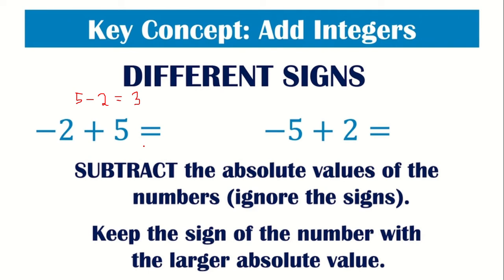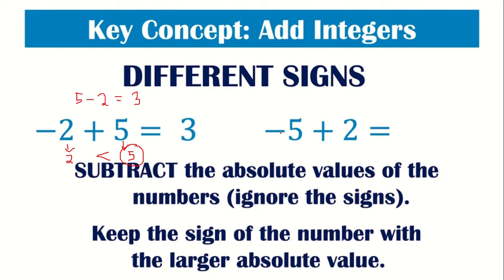The absolute value of 5 is 5. The absolute value of negative 2 is 2. If you compare 5 and 2, 5 is greater than 2, or we can say 2 is less than 5. 5 is greater, that means we need to follow its sign, which is positive. So the final answer is positive 3.